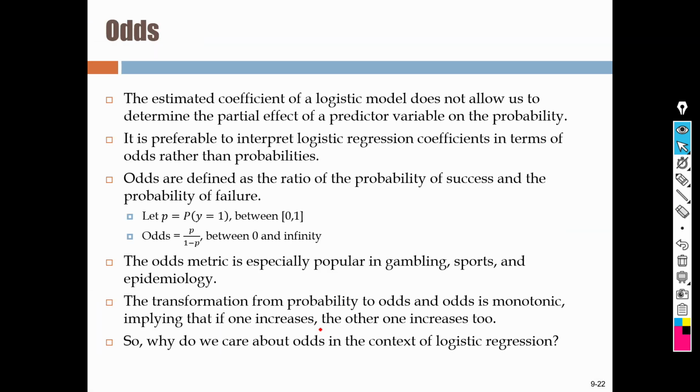Okay, what is odds? Odds is actually this calculation. Odds is a probability divided by 1 minus probability. So p is the probability of success, right? Probability of success over probability of failure.